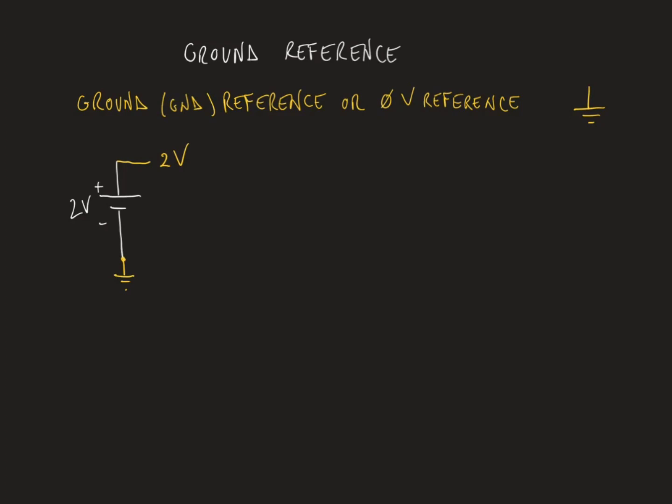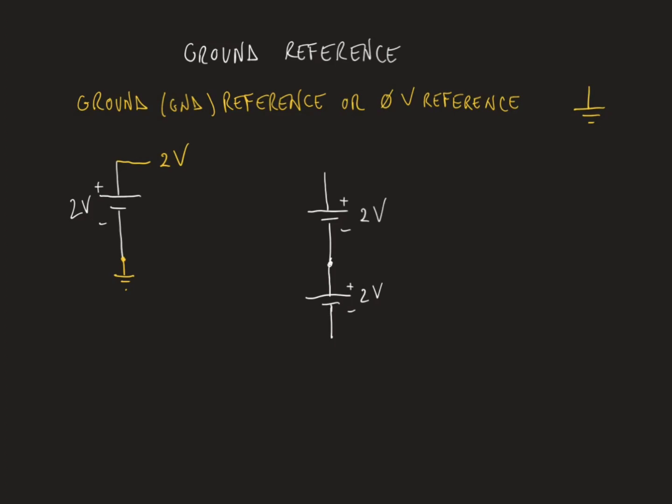Consider now two batteries, each generating a potential difference of 2 volts. Let us connect the positive terminal of one battery to the negative terminal of the other battery.